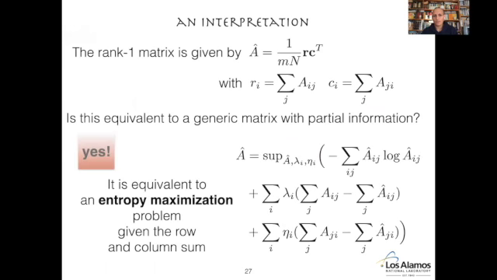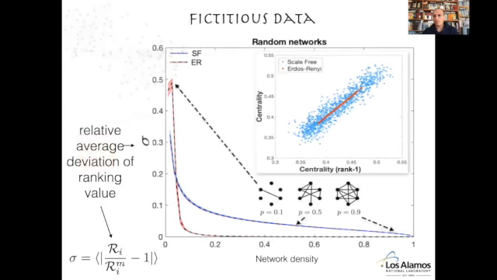In fact, if you write down an entropy maximization procedure, which introduces row and column constraints, essentially the matrix A hat emerges naturally. Let's see now how the formula applies to fictitious data. We generated random networks, using our Erdos-Renyi prescription and scale-free with gamma of the fitness equal to 2.2.